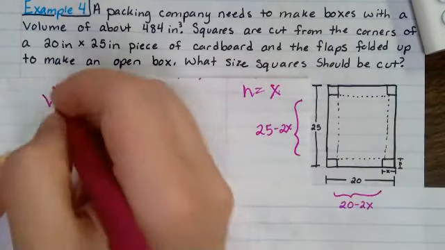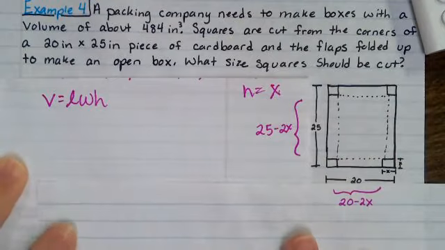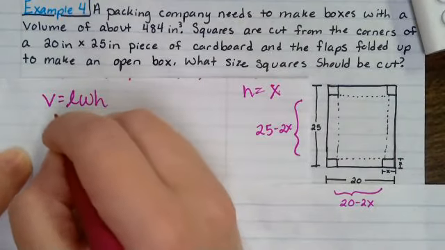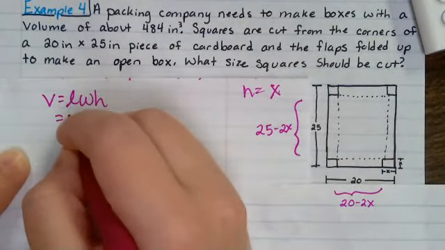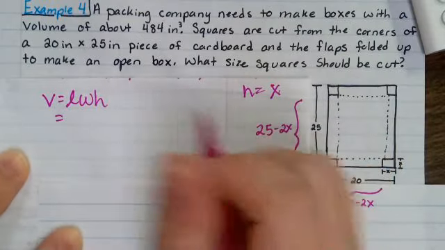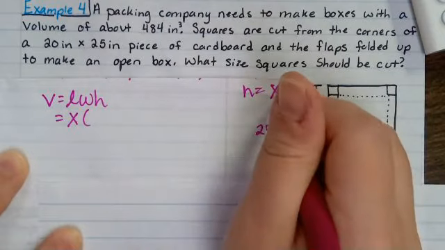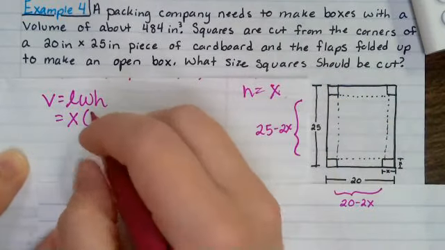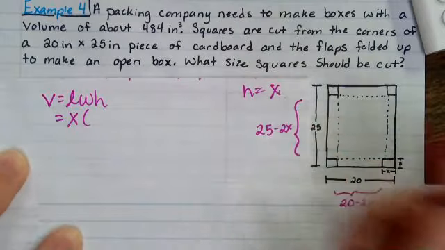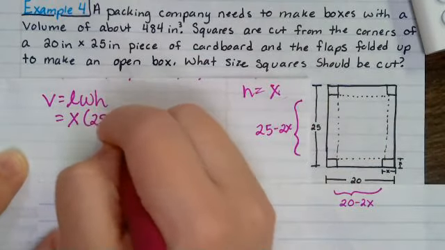Those are the values that we'll have once this thing is actually folded into a box shape. So for my volume, we're going to take the length times width times the height. It doesn't matter the order that you write it, but if I have a lone variable, I tend to write it first. Just multiply all three of those values together.